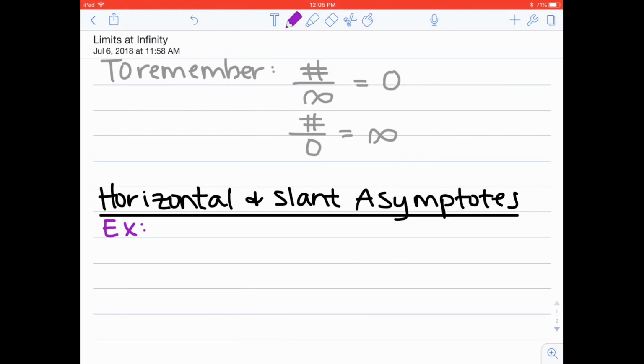We are given a function where we have 3x squared plus 1 divided by 5x to the third plus 2x.